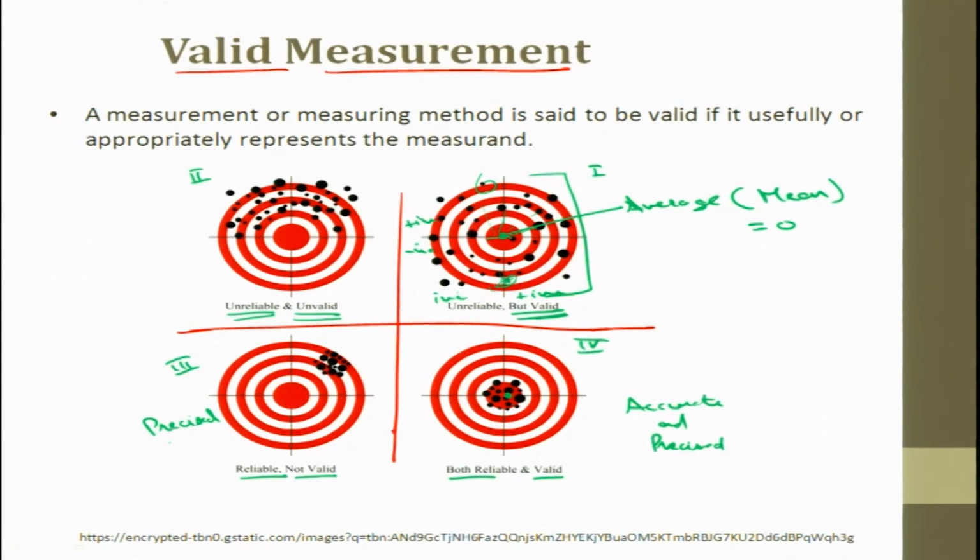This is precise and not accurate. This is not precise, but this is accurate. So, this is the actual definition.